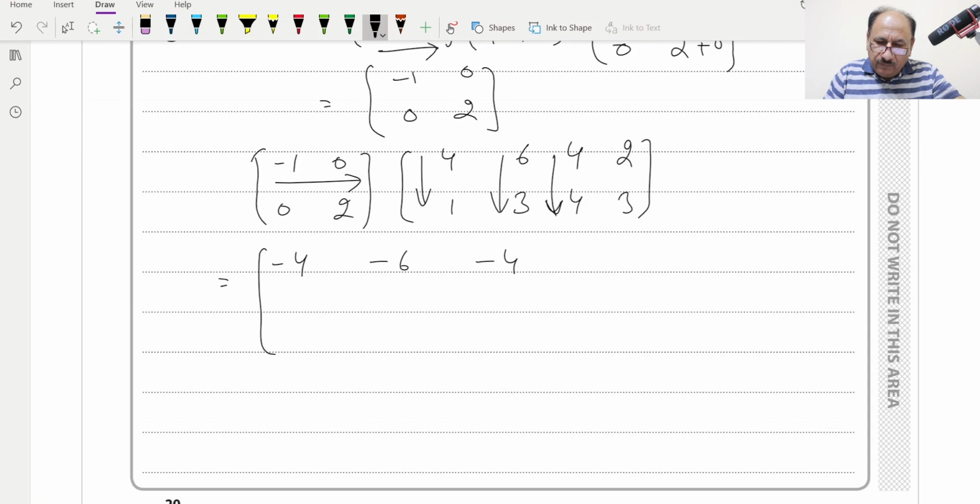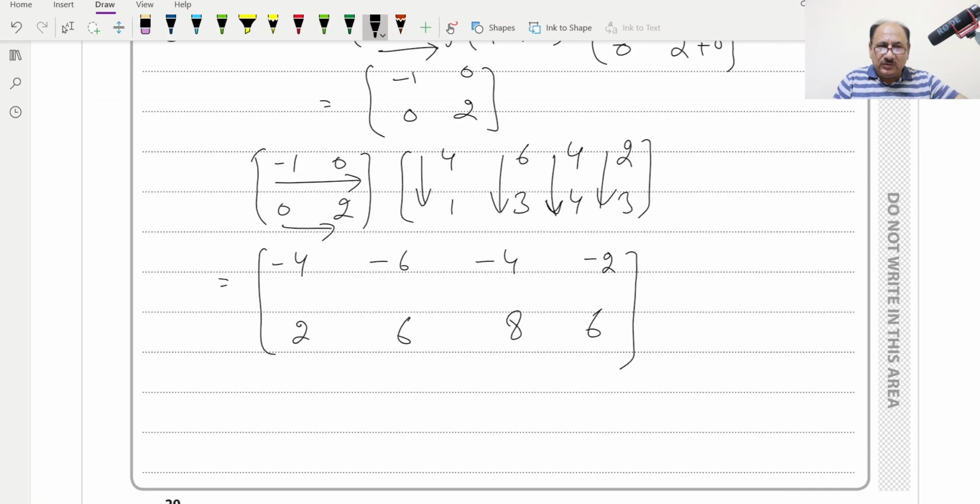And first row fourth column will be minus 2 and 0. So now second row and first column will be 0 and 2, and then 0 and 6, then 0 and 8, and fourth column will be 6.